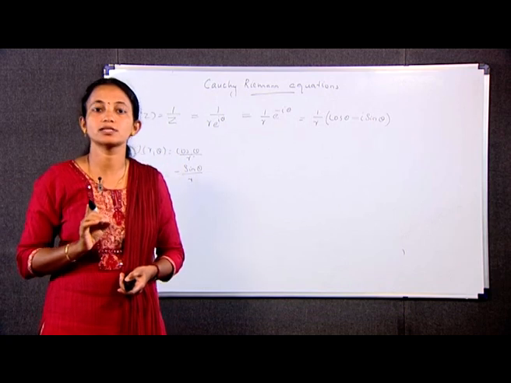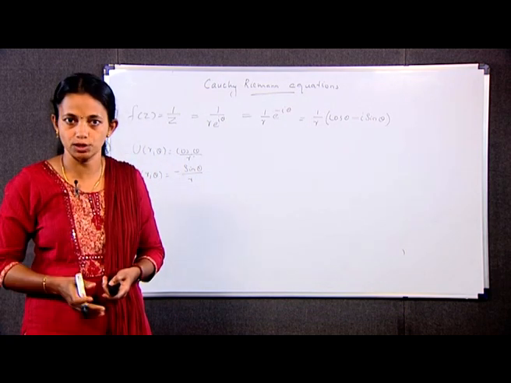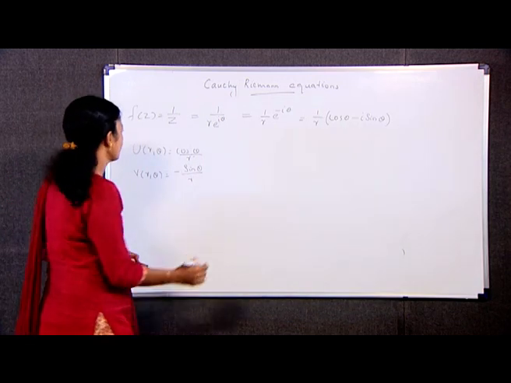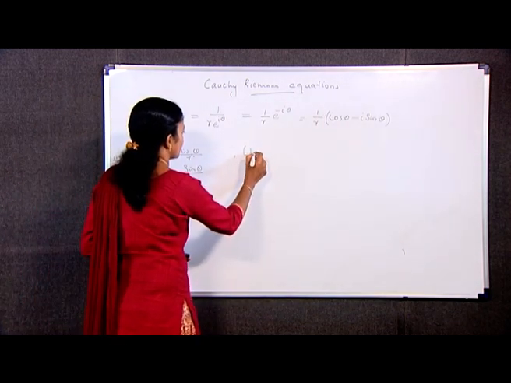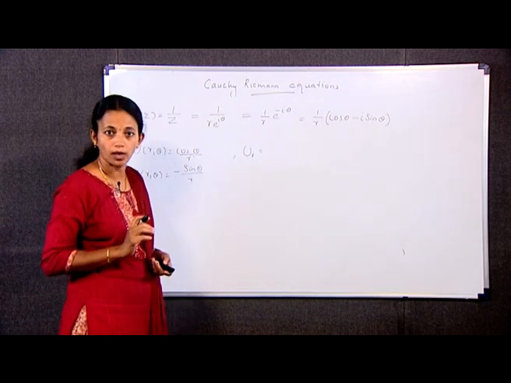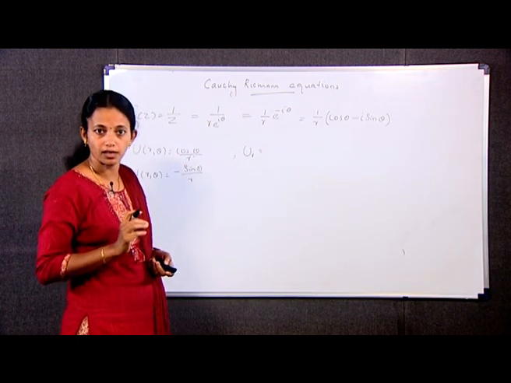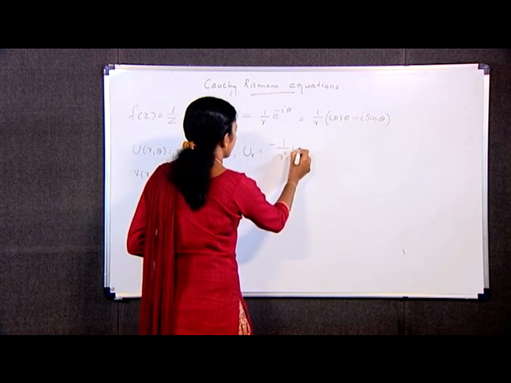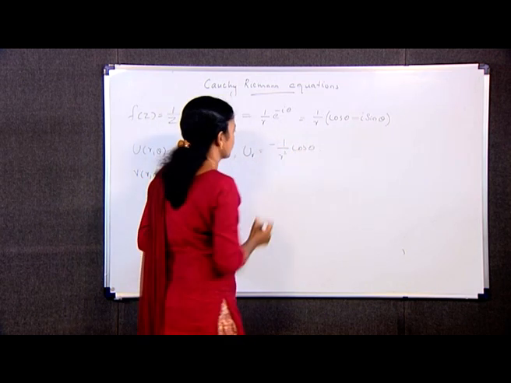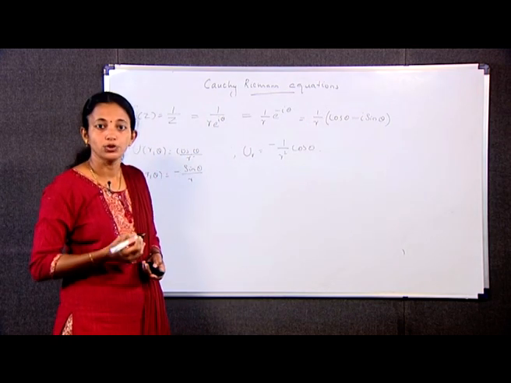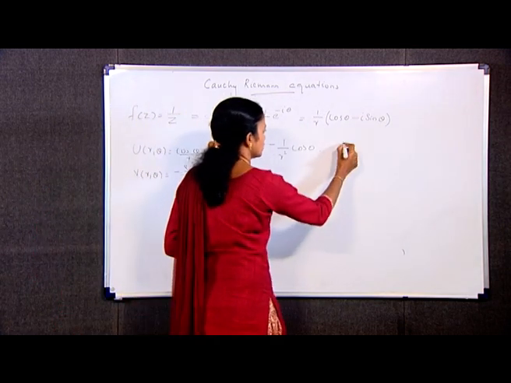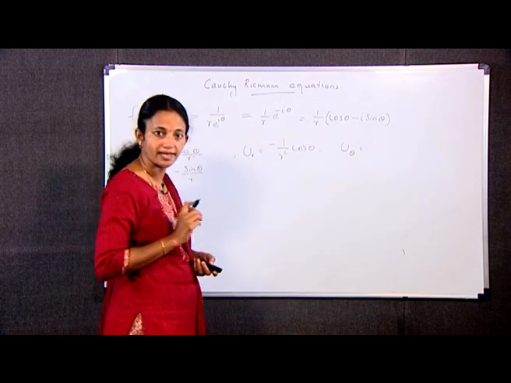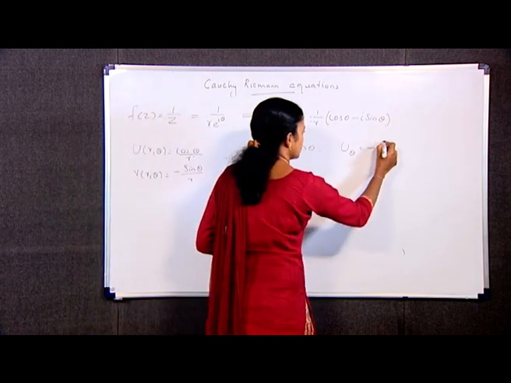Also, at any non-zero point z equal to r e raised to i theta, we have u r, that is dou u by dou r, equal to minus 1 by r square cos theta, and u theta, that is dou u by dou theta, equal to minus 1 by r sin theta.